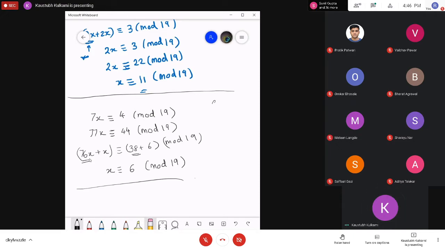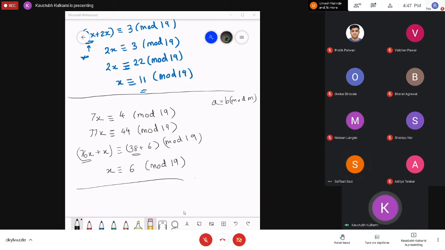When we said that A is congruent to B mod M, one of the definitions I made yesterday was that A and B leave the same remainder when divided by M. So if I divide 76x by 19, the remainder will be 0. That's why only this component causes the remainder that I kept, and this I ignored.